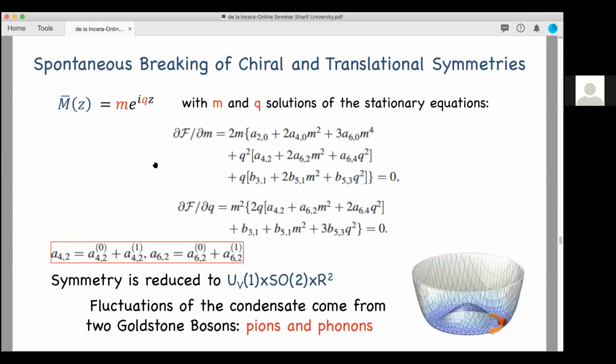So this solution will break chiral symmetry and will break translational symmetry along the Z direction. So because we have spontaneous breaking of these two symmetries, in principle we are going to have two Goldstone bosons that will define the fluctuations. The origin of the fluctuations will come from pions and phonons, because these are the Goldstone bosons of this theory. Okay?